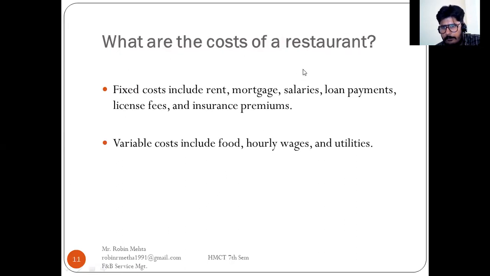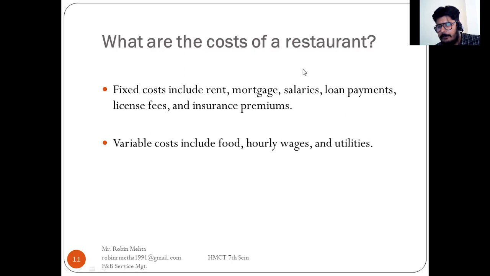What are the costs of a restaurant? Fixed costs include rent, mortgage, salary, loan payments, license fees, and insurance premiums. Next, variable costs include food, hourly wages, and utilities. These are some of the costs segregated in the form of fixed and variable costs.